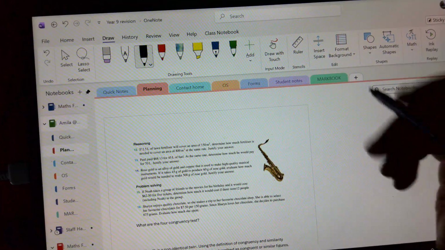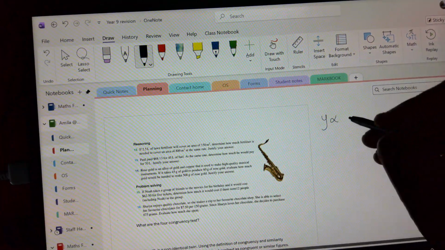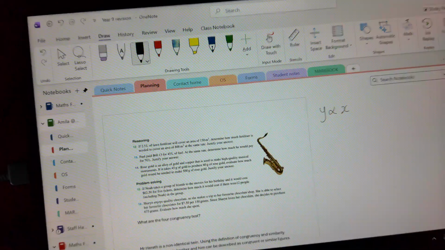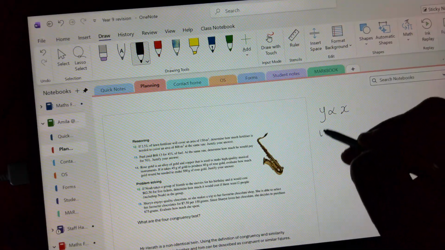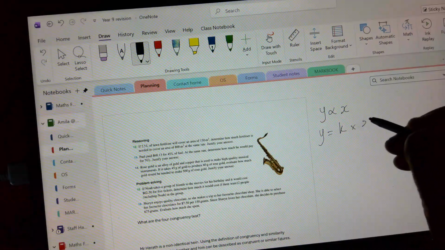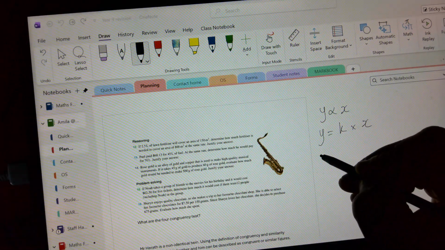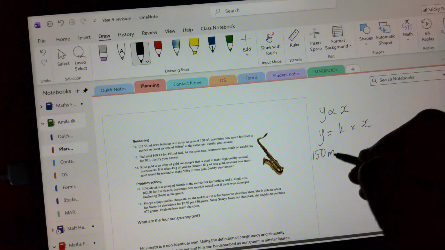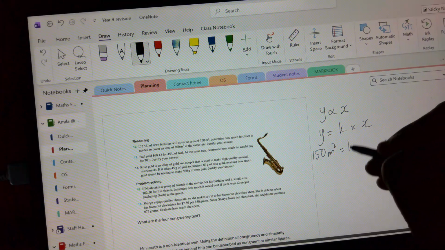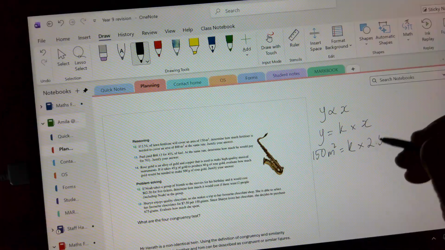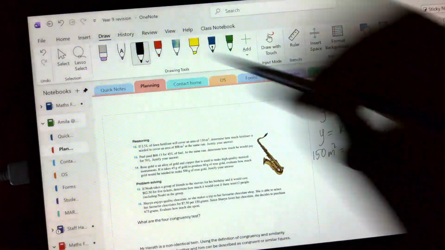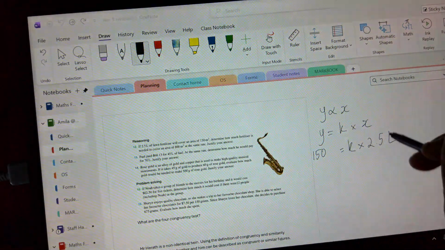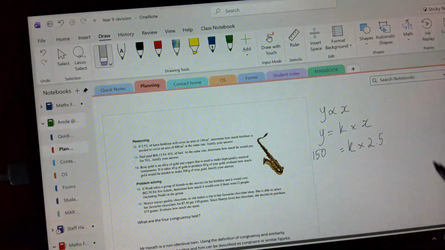So I look at it as if I have a direct proportion relationship of Y directly proportional to X, and Y is equal to K times X, then my Y variable, which is area, 150 meters squared, is K times 2.5 liters, or 150 equals K times 2.5.